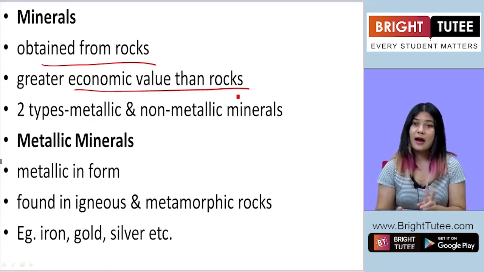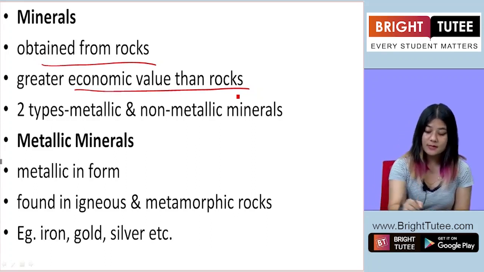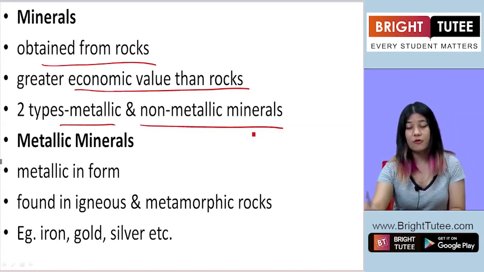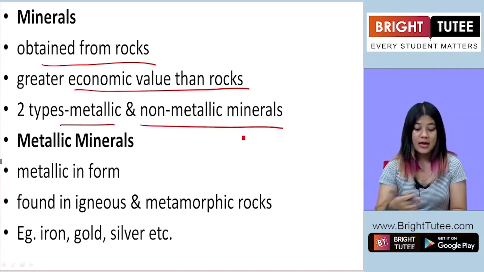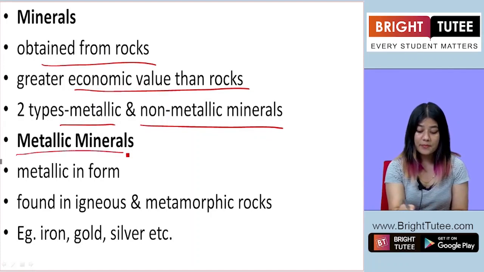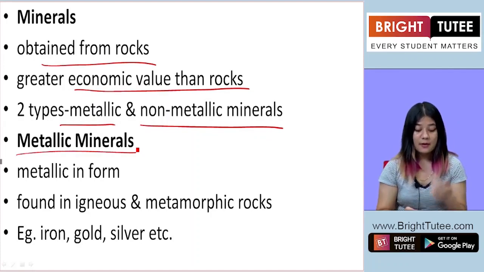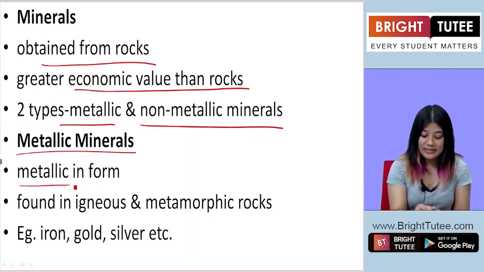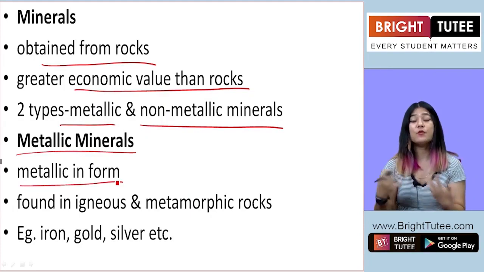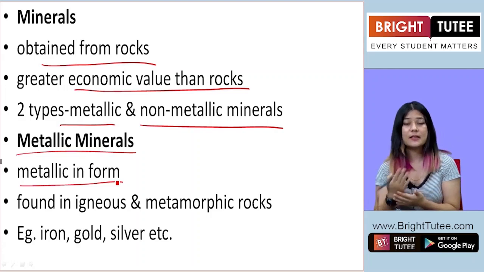Now, minerals are of two types. One is called metallic and the other is called non-metallic minerals. Let's first look at the metallic minerals. Metallic minerals are metallic in form. When you think of metallic colors, what do we think?